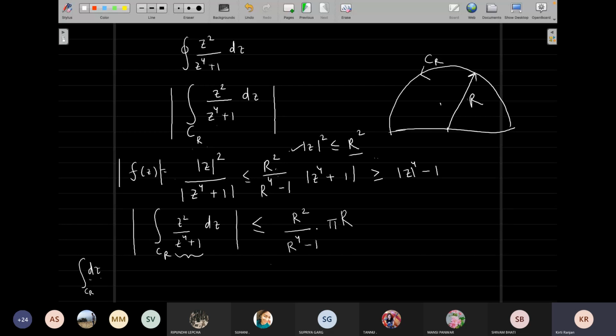That's what we are going to use. So what will be the behavior of this as R tends to infinity? Let's see. This will be pi R cube over R^4 minus 1.